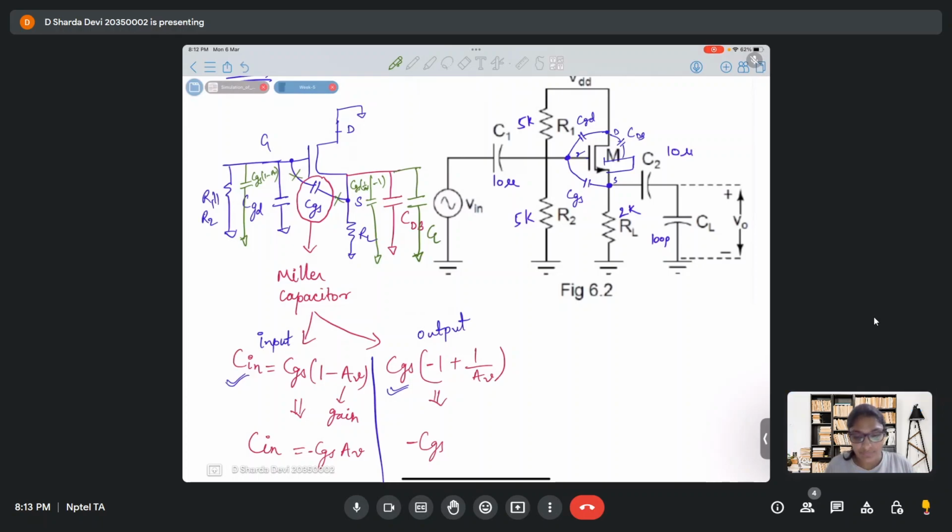Ma'am, is there any significance of minus or plus sign in reference to capacitance? In reference to capacitance, no, not really, because we'll go for magnitudes. Even when we are talking about frequencies, we'll go for the magnitude of R and the magnitude of C, so it will be 1 by mod. But in terms of stability, we can say that negative real frequencies are more stable.